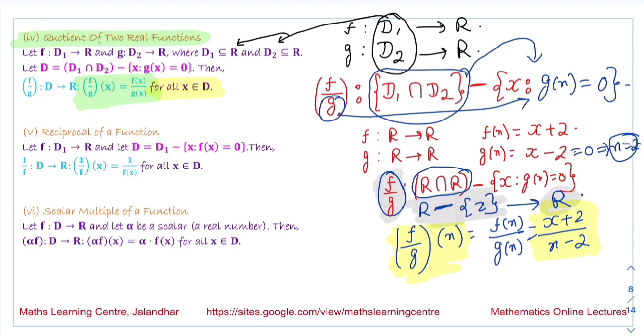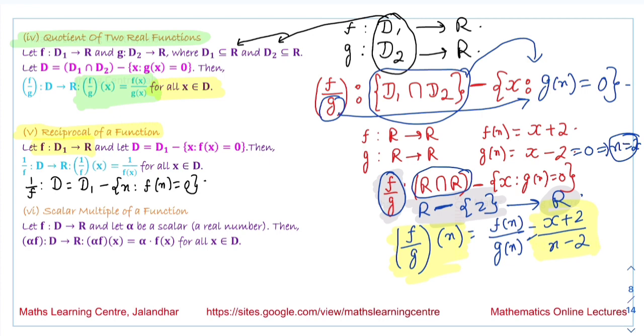Next definition we have is the reciprocal of a function. We are saying f is a function defined from d1 to r, and we are defining another function 1 by f whose domain is the domain d1 minus all those points x for which f of x is equal to 0.